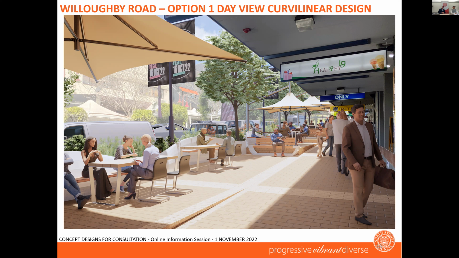We've put them to the side to create more space, so you don't have a centralised umbrella pole in the middle of the space, which should create more opportunities for tables and chairs. It also shows you that clear 3 metre distance between the property boundaries or the shops and the dining areas, so that there is good accessibility through there, and it shows you some of the different seating arrangements that can be done.